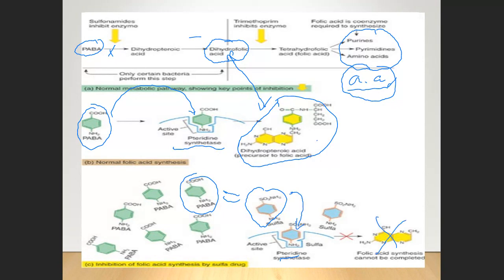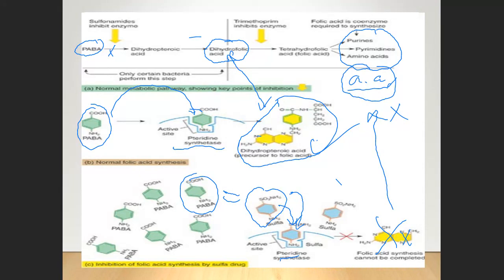Normally the substrate will enter the enzyme and produce this. However, because the sulfa drug enters this combination, the enzyme and sulfa drug complex, there will be no production of intermediate product. If there is no intermediate product, there will be no final product. So that's the sulfa drug.